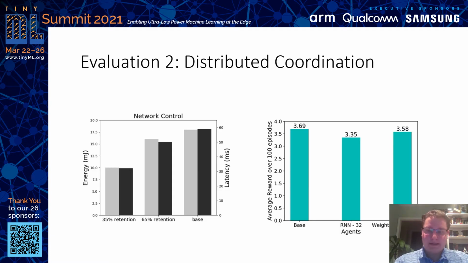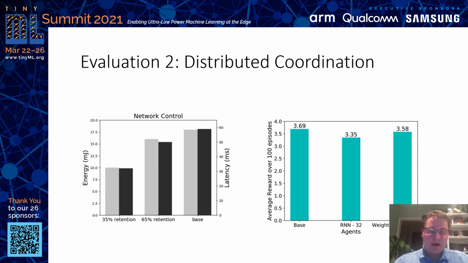Our framework is capable of delivering considerable energy and latency savings while maintaining roughly the same performance as the baseline model. On the left-hand side, we see the energy and latency requirements of the baseline model, and then 65% and 35% retention cases. On the right-hand side, we see their performances.